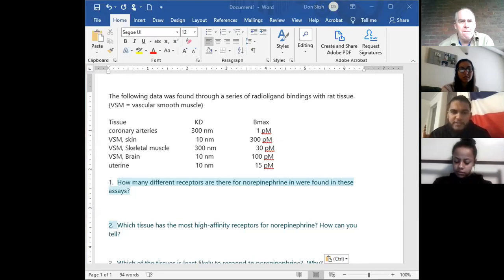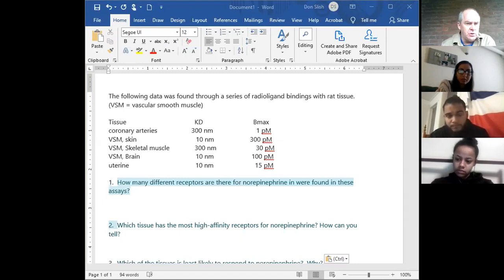By the constant dissociation numbers. Right, you've got 300 and 310s. So you've got 2 different KDs. Now in the real world, it would be more like 310 plus or minus 10 and 280 plus or minus 20. There'd be a variation. So this data is pretty idealized. But you're right, 2 different KDs means 2 different receptors.